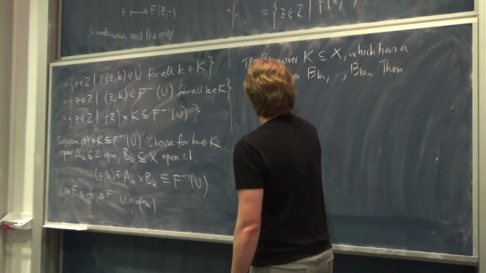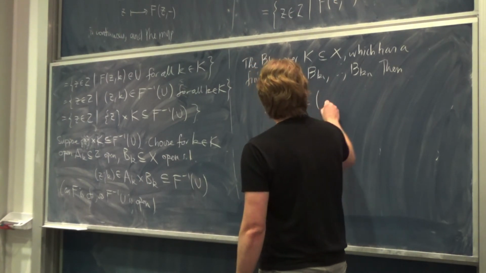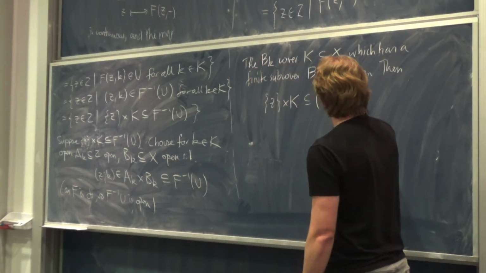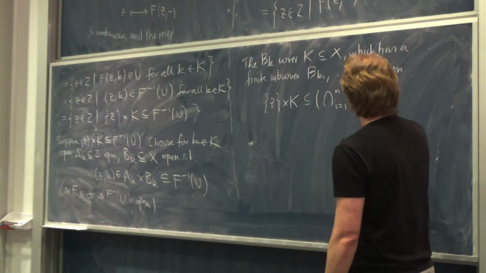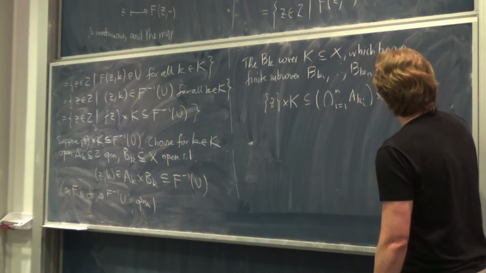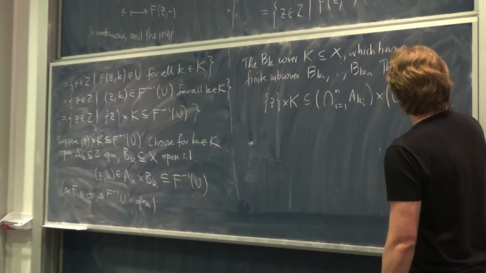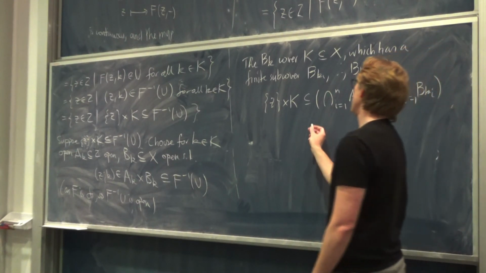Okay. So I claim if you take the intersection over all the A_{k_i}'s, cross with the union of all the B_{k_i}'s, that this works.